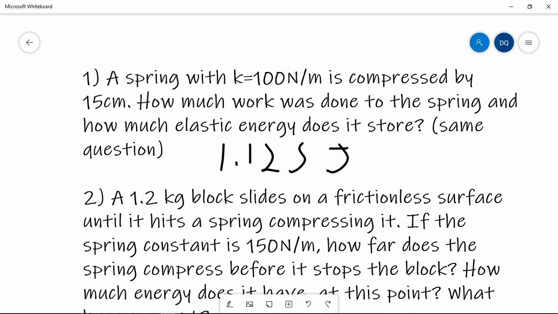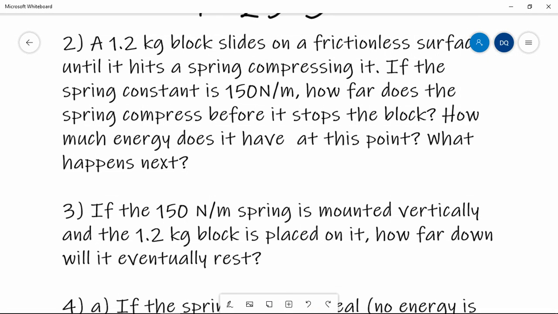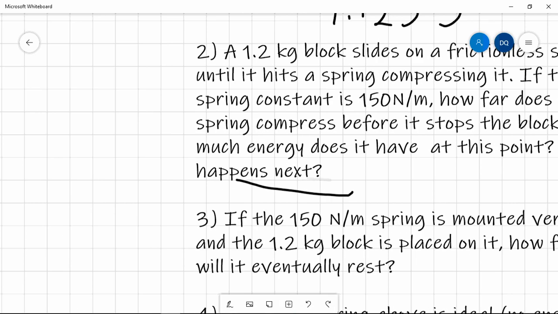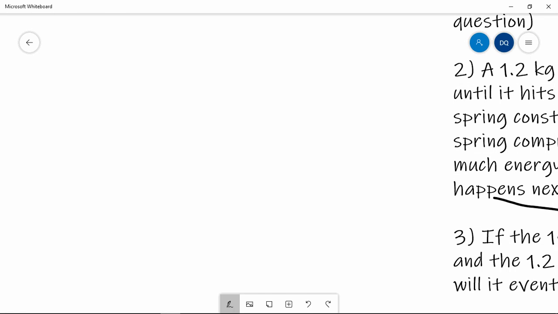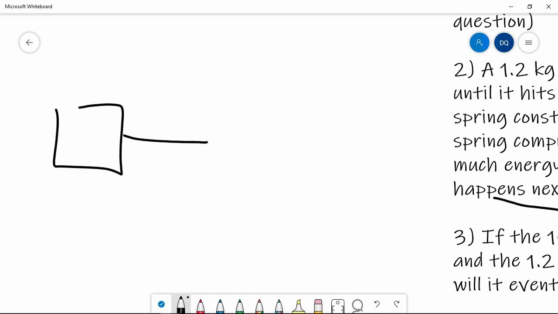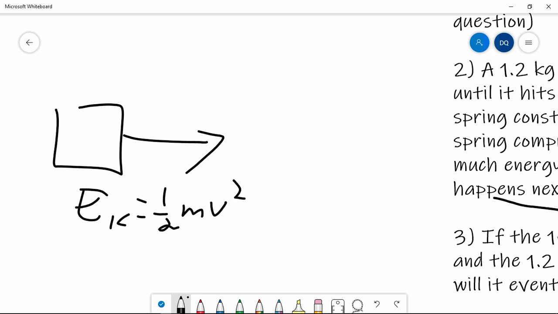Second question here. You've got a 1.2 kilogram block sliding on a frictionless surface until it hits a spring and compresses it. If the spring constant is 150 newtons per meter, how far does the spring compress before it stops the block? So what are we doing here? We've got a block, and our block is sliding along, so it has kinetic energy equal to half mv squared.